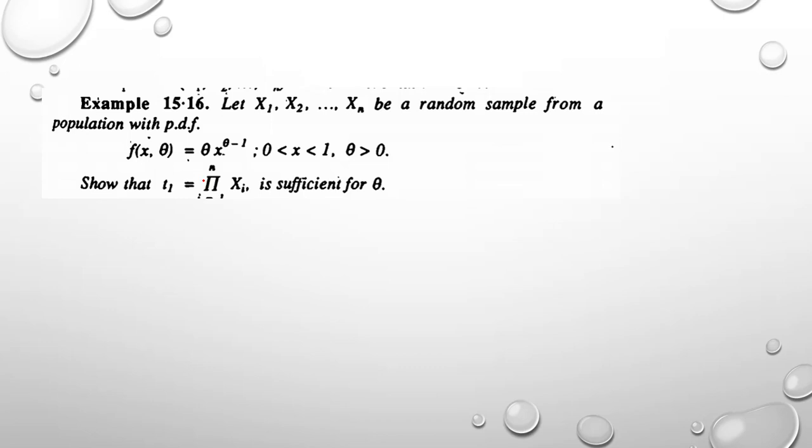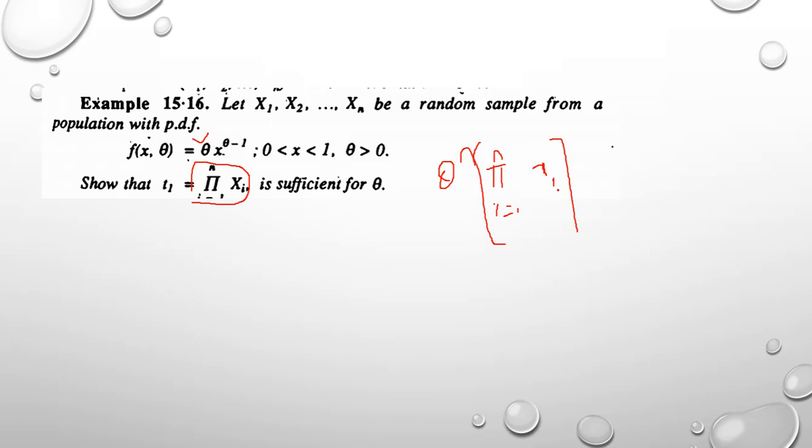This question is a direct question. Here we need to show that the product of the xi is sufficient for theta. When you formulate this question in the given distribution, you get theta power n times the product of i equal to 1 to n of xi power theta.